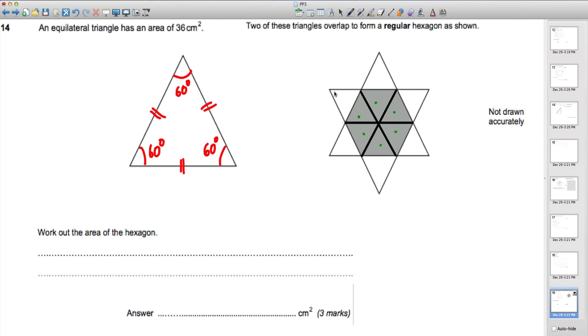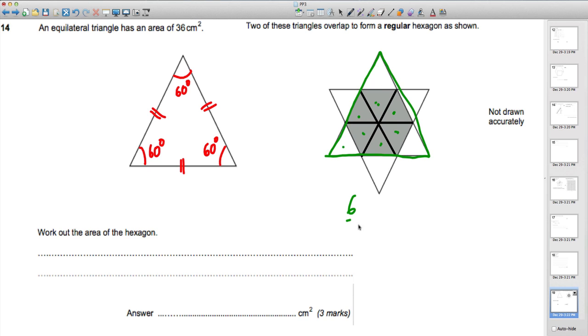Now, if we then decide for ourselves, this is the area of the triangle we're trying to find. We want 6 out of 9.